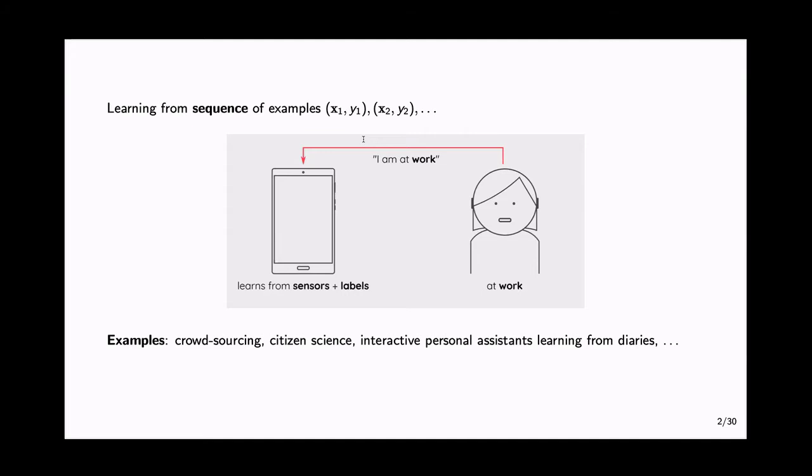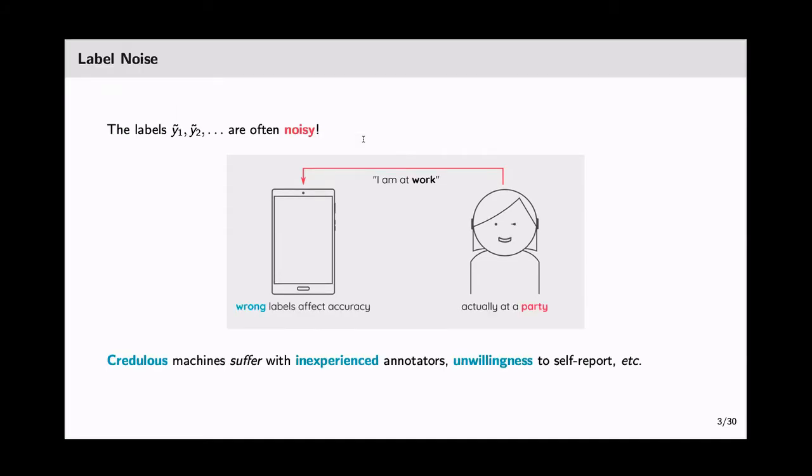However, this setting has a problem, which is that the user might provide noisy labels. This is a well-known problem, especially in social science, where you have questionnaires and the respondent needs to answer questions regarding his or her behavior. However, it might be difficult for the person to answer due to memory bias or cognitive load, especially if you're asking questions about things that happened in the past.